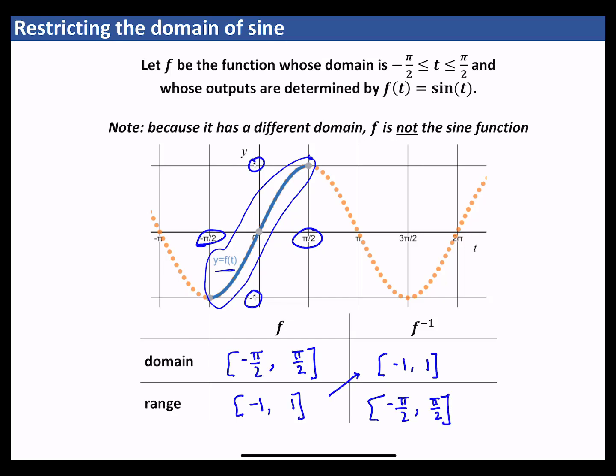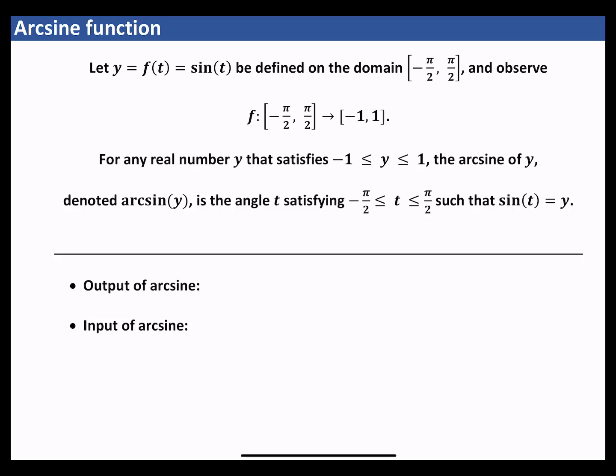The restricted version of the sine function that we saw on the previous slide has an inverse function that we call the arcsine function, and we formally define the arcsine function this way.